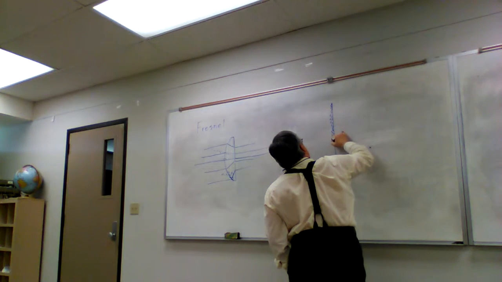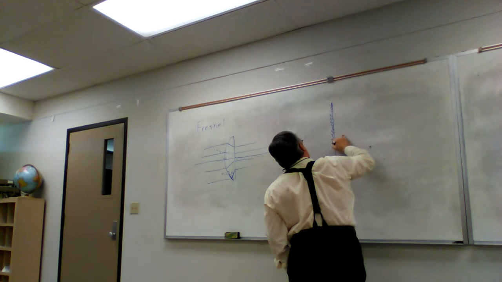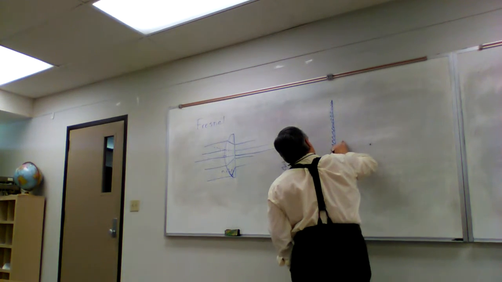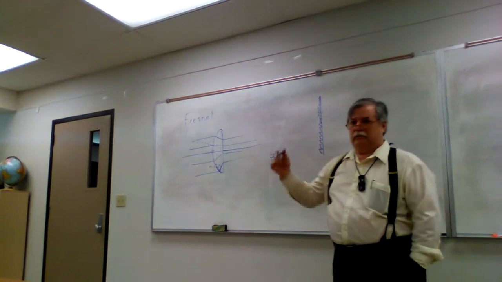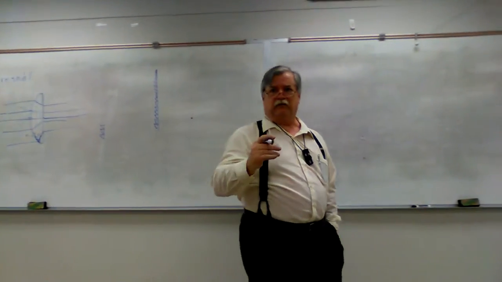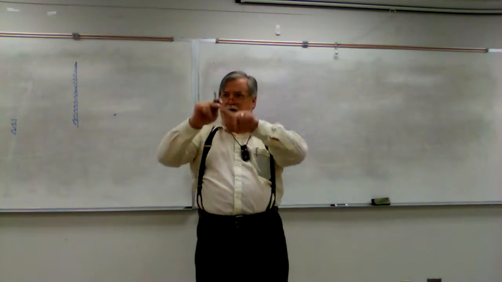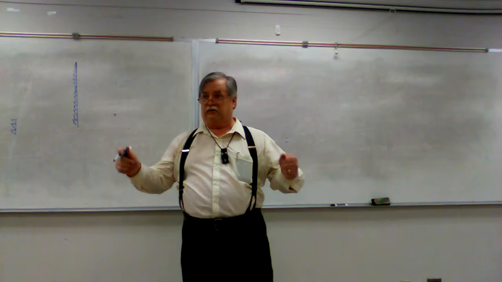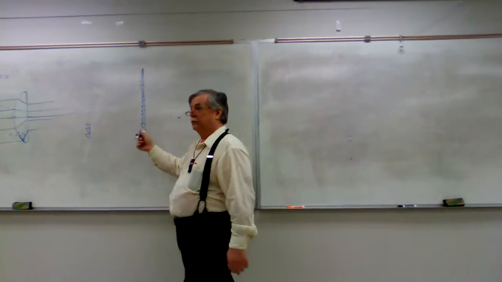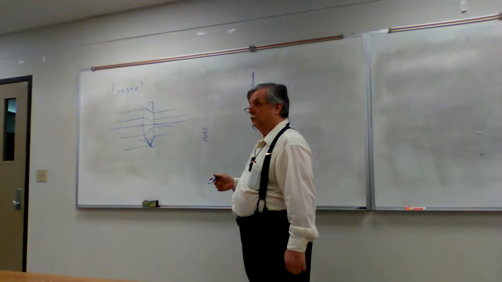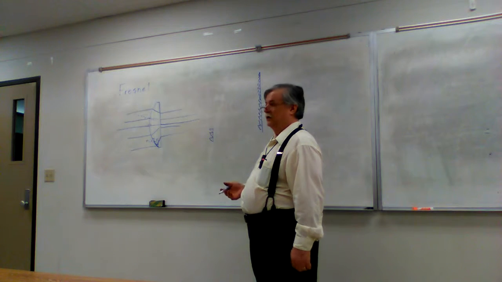How many of you remember those old overhead projectors? You've seen this kind of a lens before. It's just a flat piece of plastic, but it's got concentric rings that still magnifies. See it in taillight lenses?